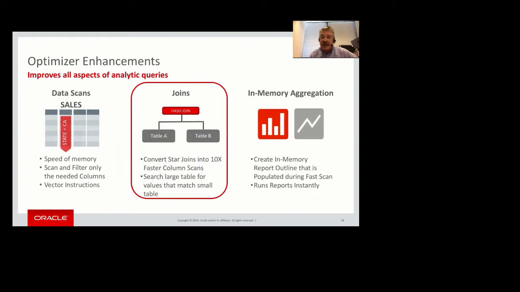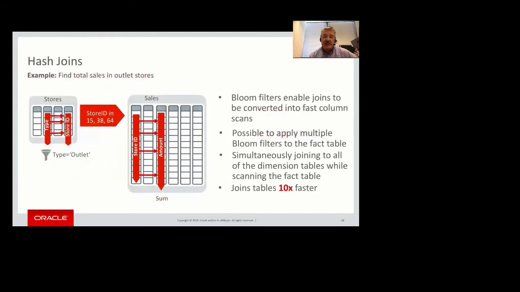If it can choose a hash join, it can then turn that hash join from creating a hash table, which it would still do, and in addition, if there's a filter predicate, it can create a Bloom filter. It can then use the Bloom filter in the scan of the larger table as a filter predicate, as opposed to having to probe the hash table to find matches. Instead, it can use a Bloom filter, effectively turning a hash join into a scan and filter operation.